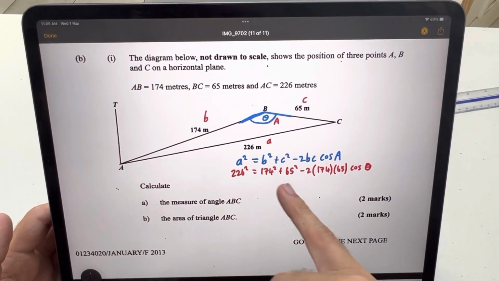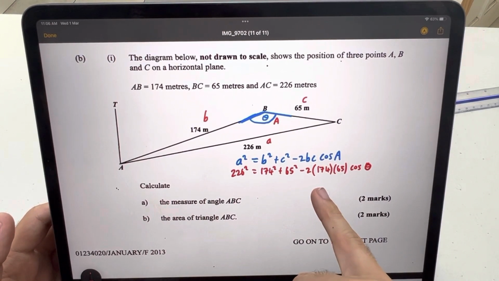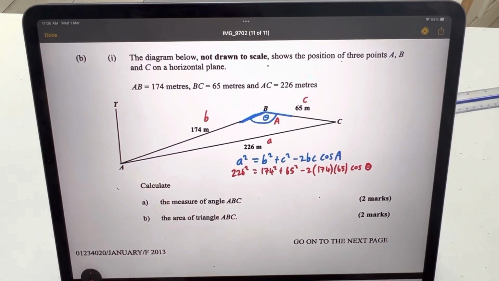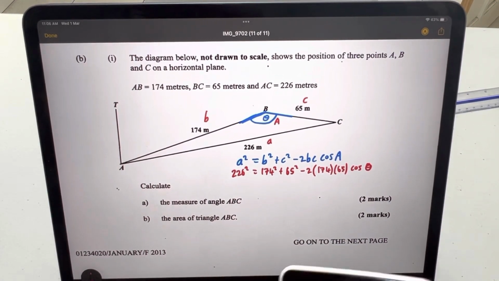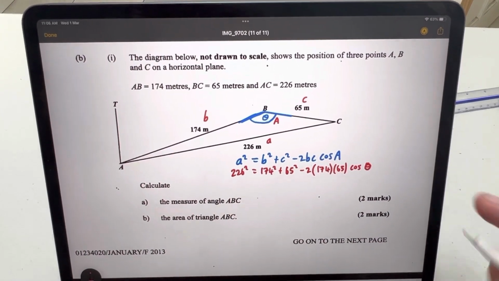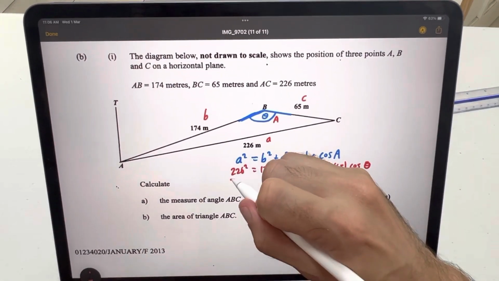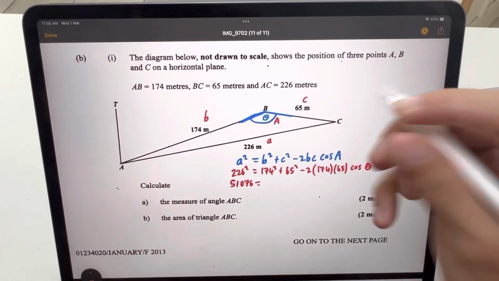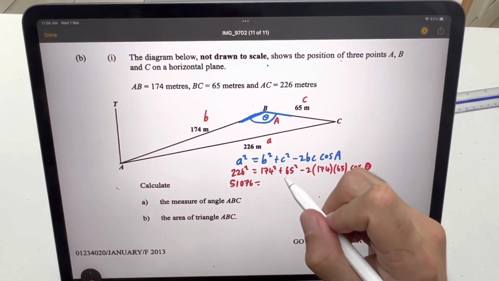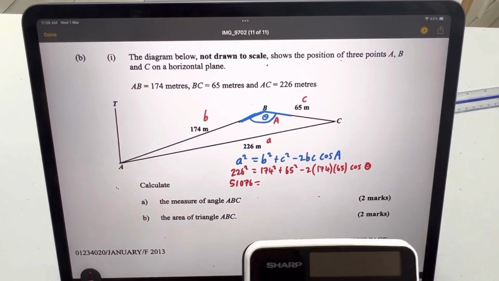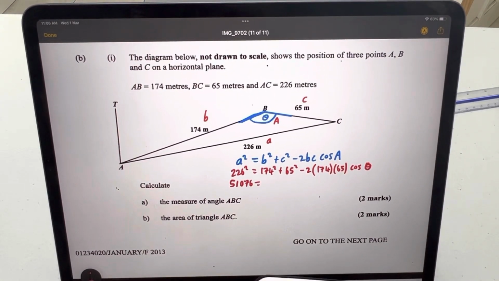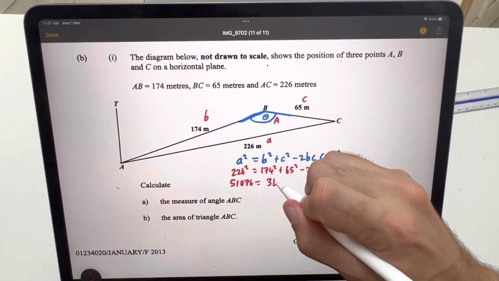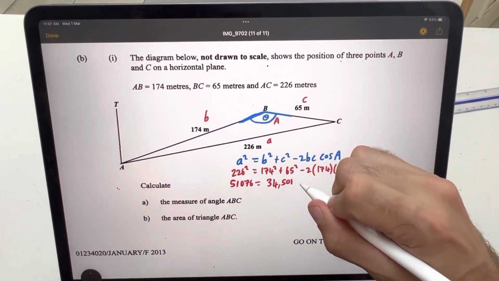Okay, and if you want, you could simplify all of this. 51,076. We can add this and this because these are just numbers. 174 squared plus 65 squared is 34,501.